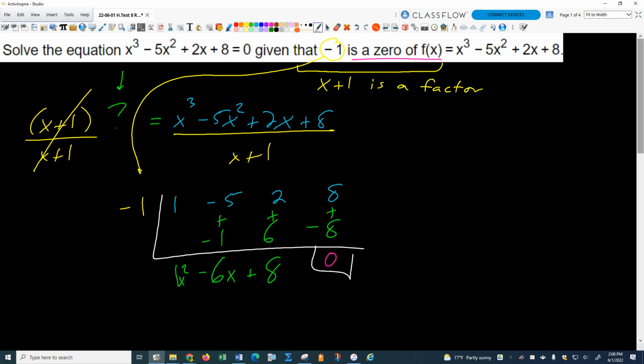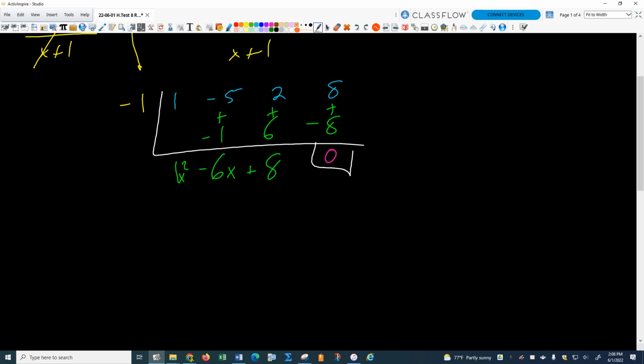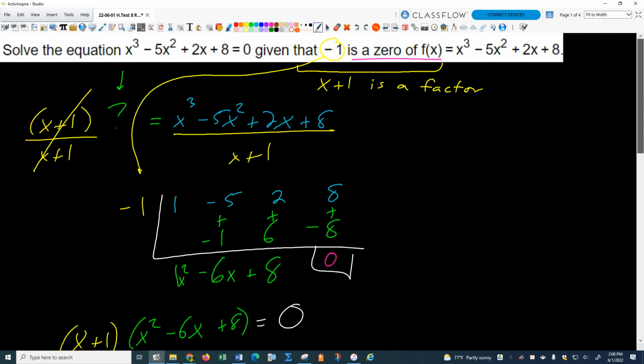In other words, we now know that my original zero they gave me was -1. That's the zero of that factor. That times x squared minus 6x plus 8 is equal to 0. Because now we've got the original polynomial factored, right?